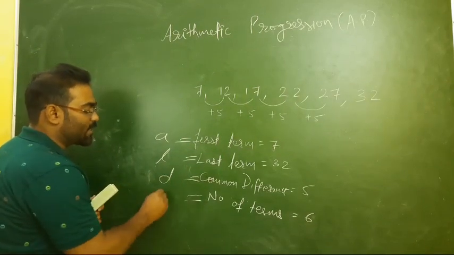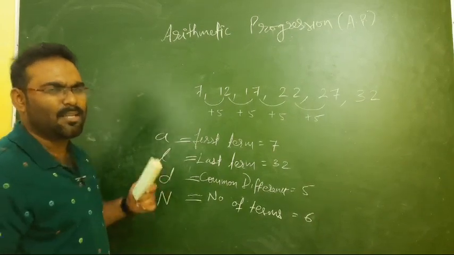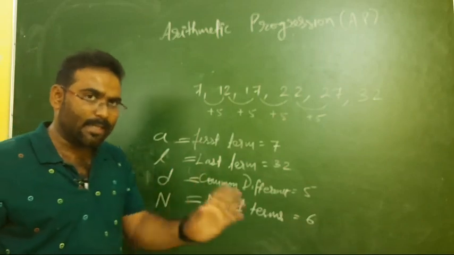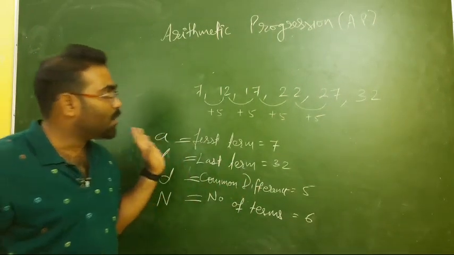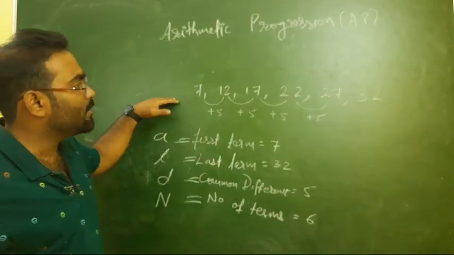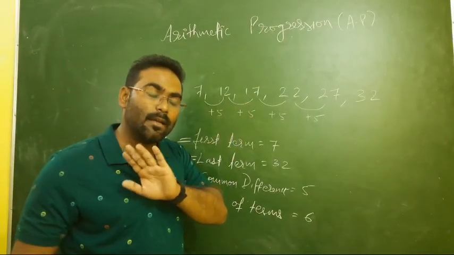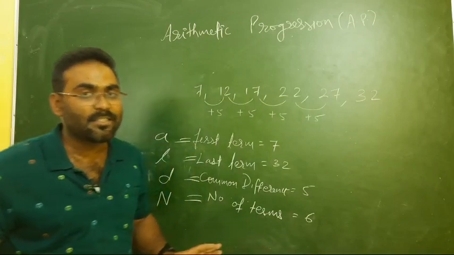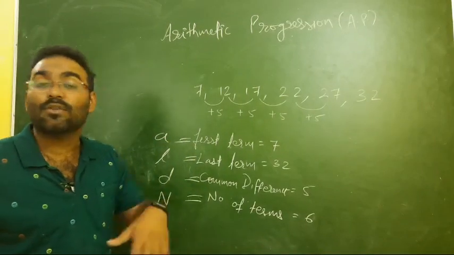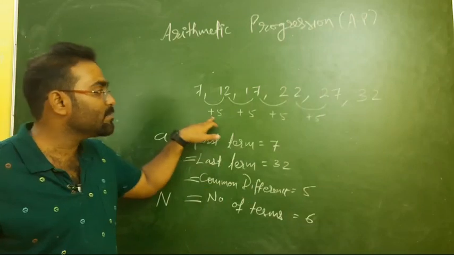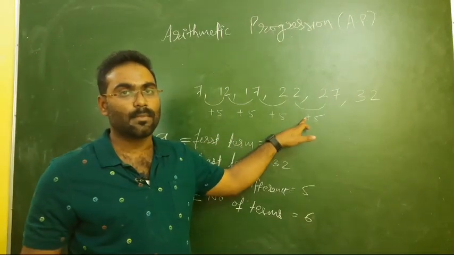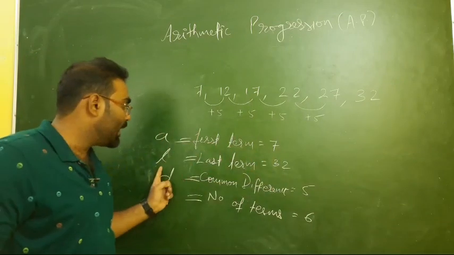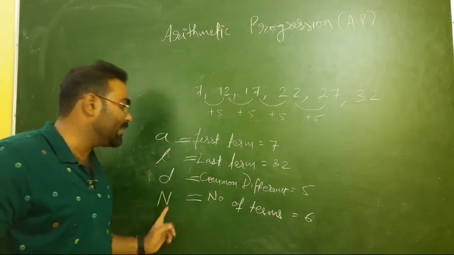And the number of terms is capital N or small n, it doesn't matter, but I usually take capital N. Let me summarize whatever I have taught till now. In order for a series to be an arithmetic progression, you have to see that the difference must be common. Now, a is 7, l is 32, d is 5 and n is 6.